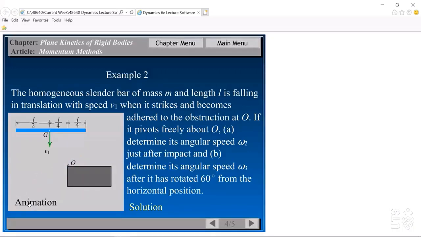Let's see this animation again. Okay, here we already know its initial velocity v1, and the target here is to determine the angular speed after this slant bar has rotated 60 degrees from the horizontal position.